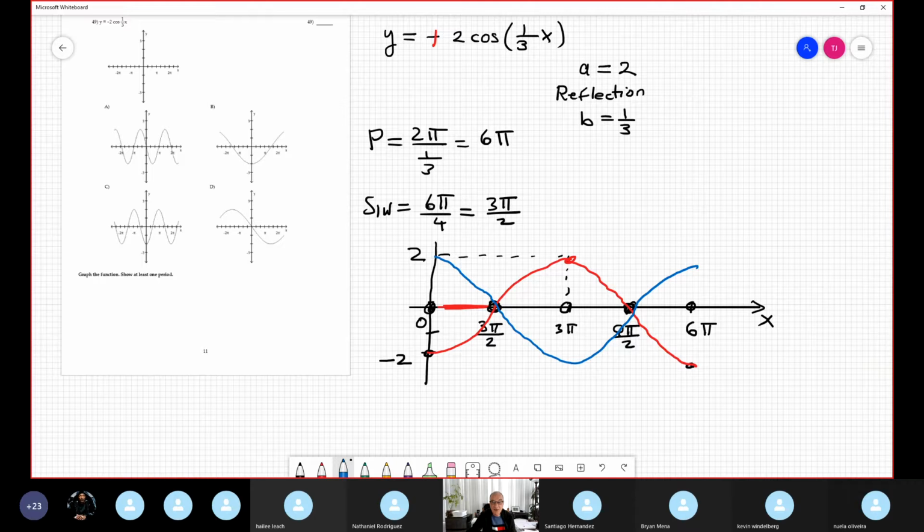Yes. And the name of this effect is called reflection. So I keep in mind, not 100% of the time, that any cosine starts here. This is cosine positive, and cosine negative is the reflection, the red one.